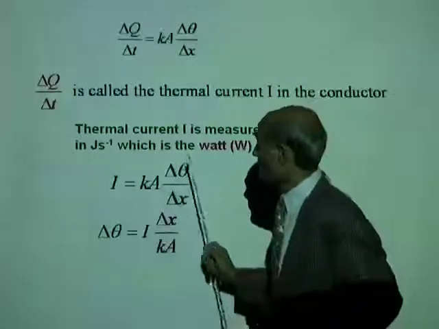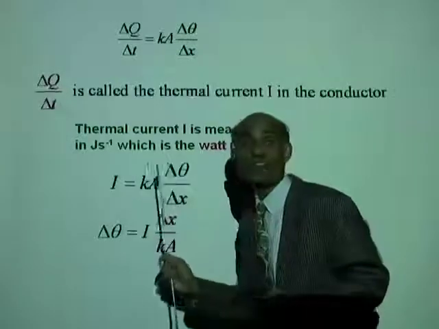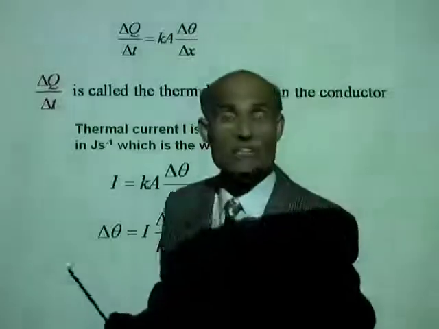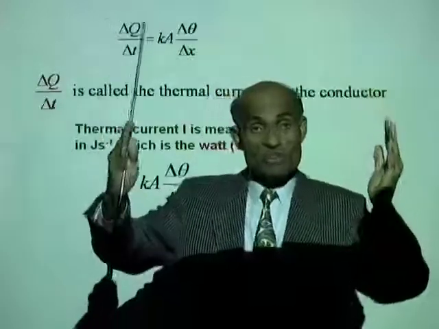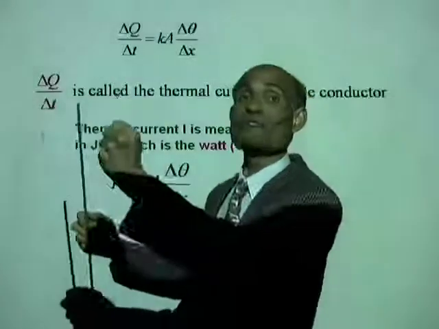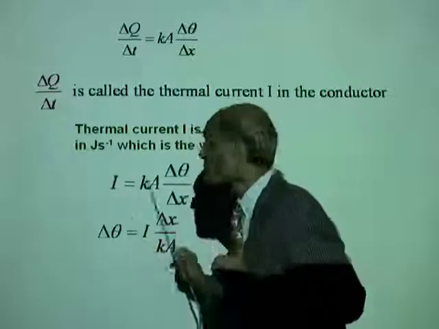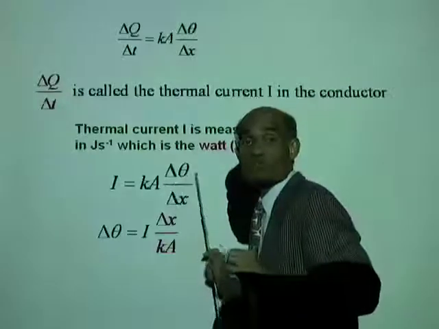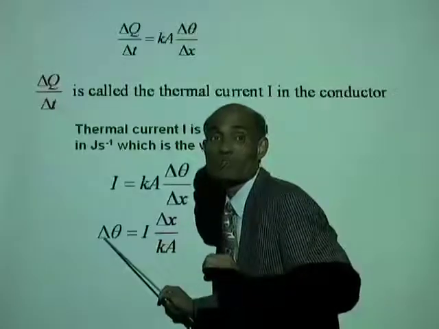Okay. Now that means I can now write an equation for delta theta. What does delta theta stand for? The temperature difference. Now remember, it is the temperature difference that makes it possible for the heat to flow. The thermal current exists because of the temperature difference. So let's write an equation for that temperature difference.